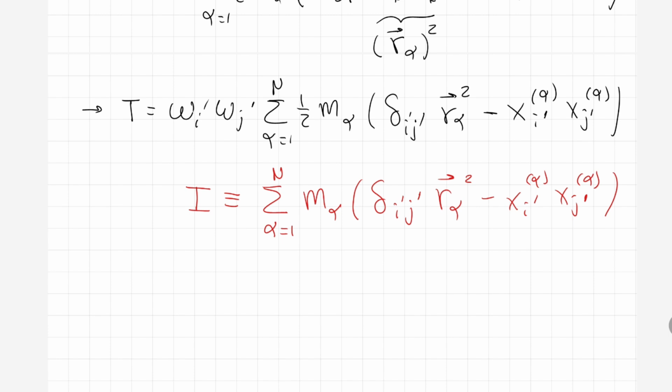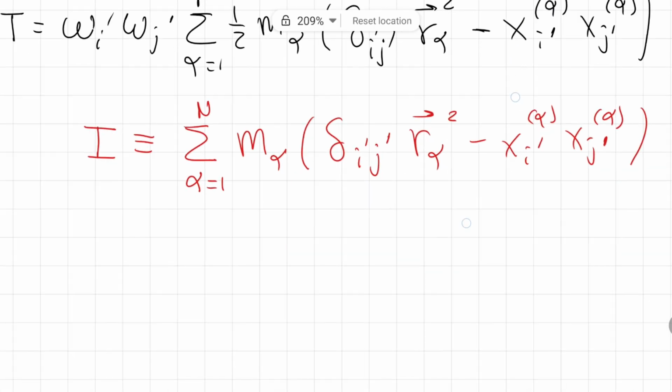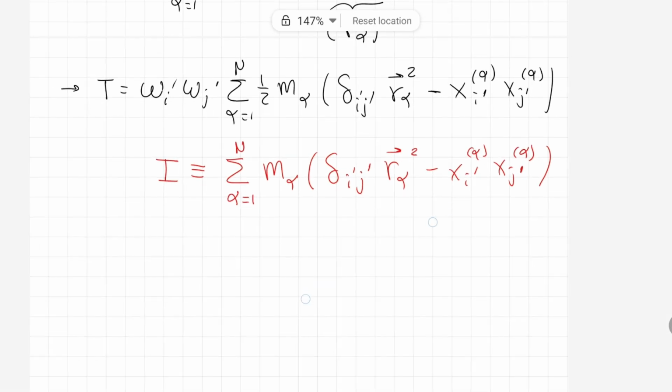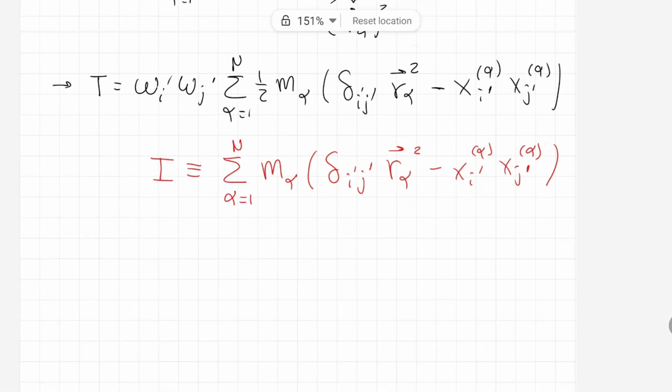And why is that? Well, remember that the indices i and j go from 1 up to 3. So that means that we have 9 elements for this inertia tensor. That's why I said we had 9 real numbers.